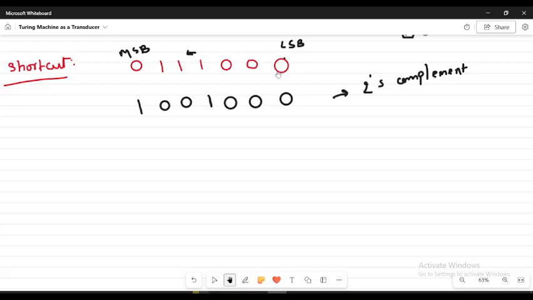Whenever we come across the first one, leave it as 1, and the remaining part we are going to make as 1's complement. So this is the logic we are going to use for building a Turing machine.